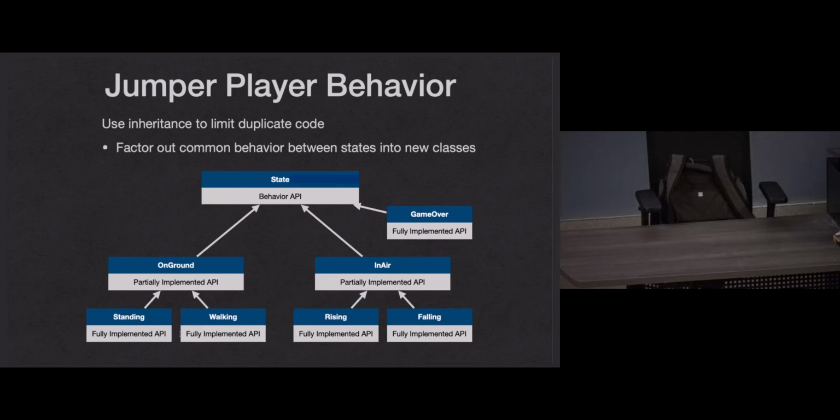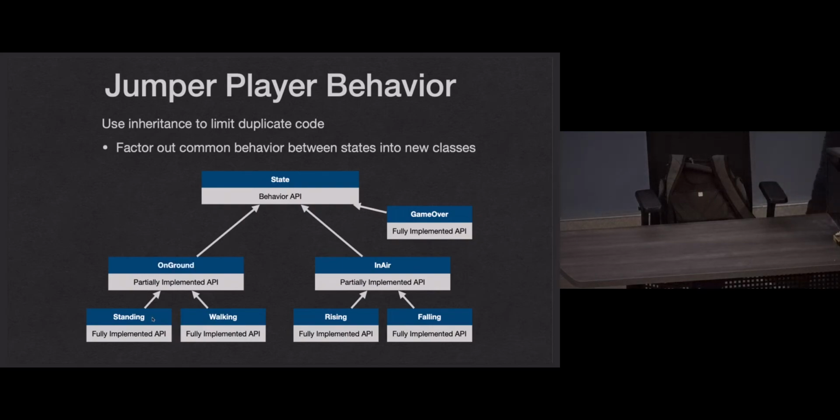So my standing and walking state, I'm going to factor out all of that common functionality, all the common methods, into an on-ground state, which will have all of the common methods between the two. And then these methods will just override whatever's left. Whatever's different between standing and walking, those are the only things that should go in the standing and walking class.